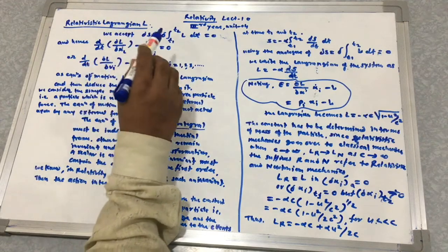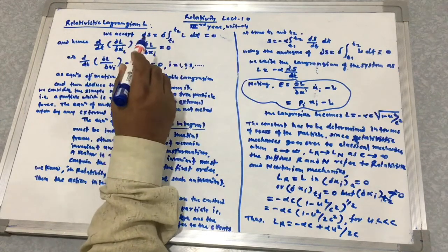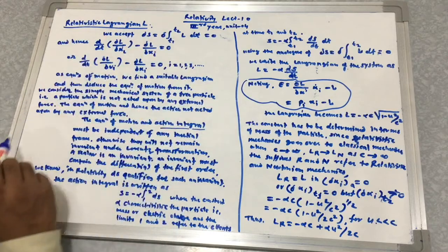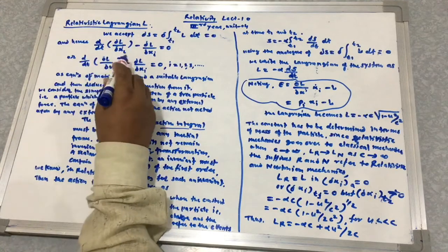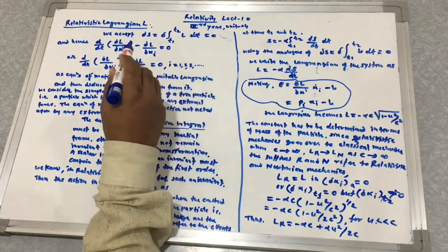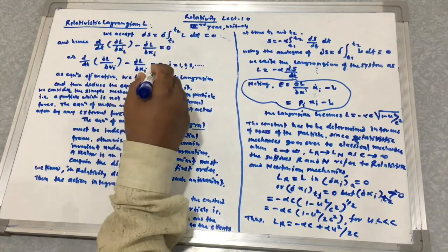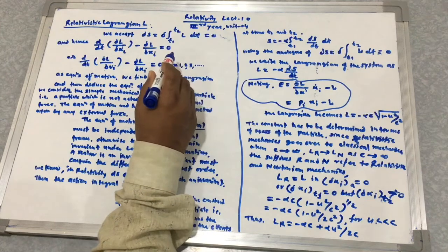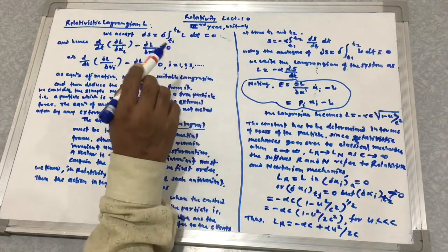We find a suitable Lagrangian and deduce the equation of motion from it, so we consider the simple mechanical system of a free particle, that is, a particle which is not acted upon by an external force.